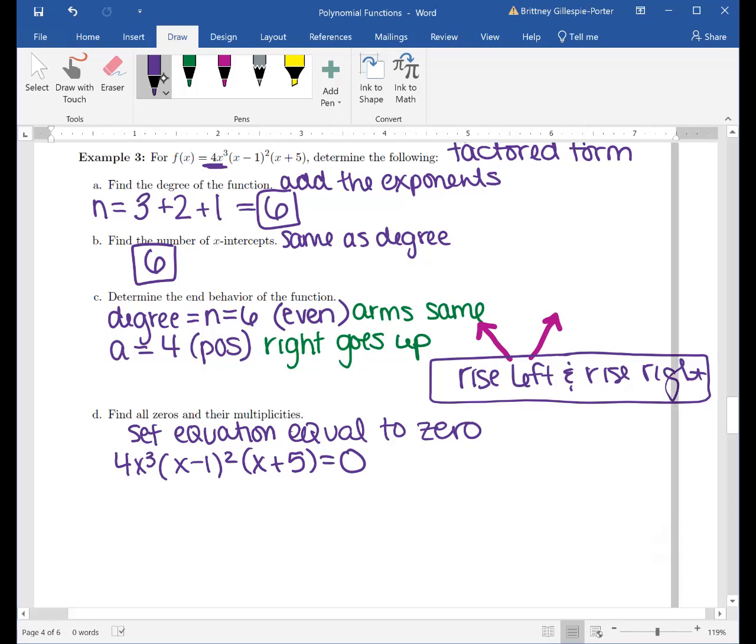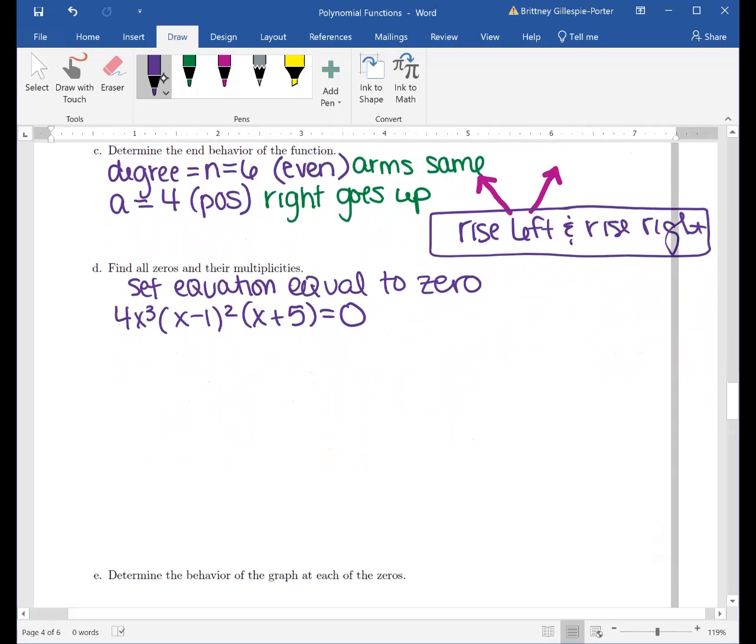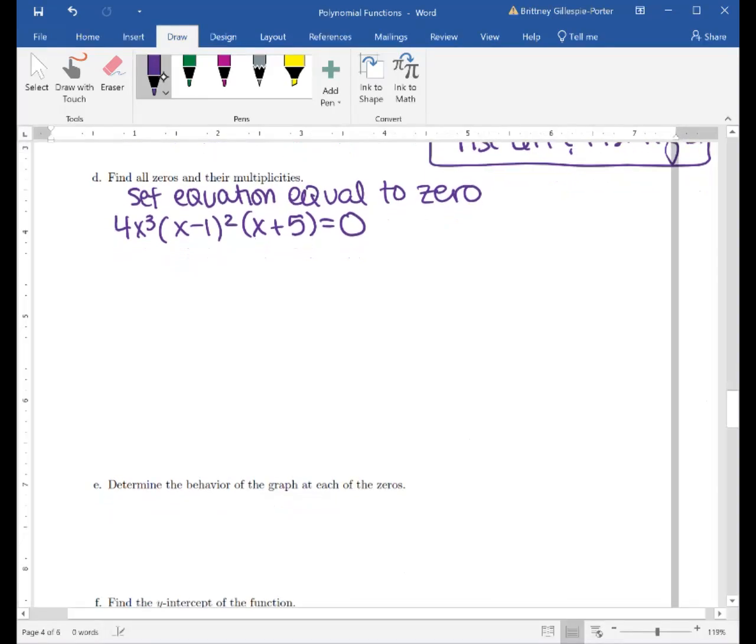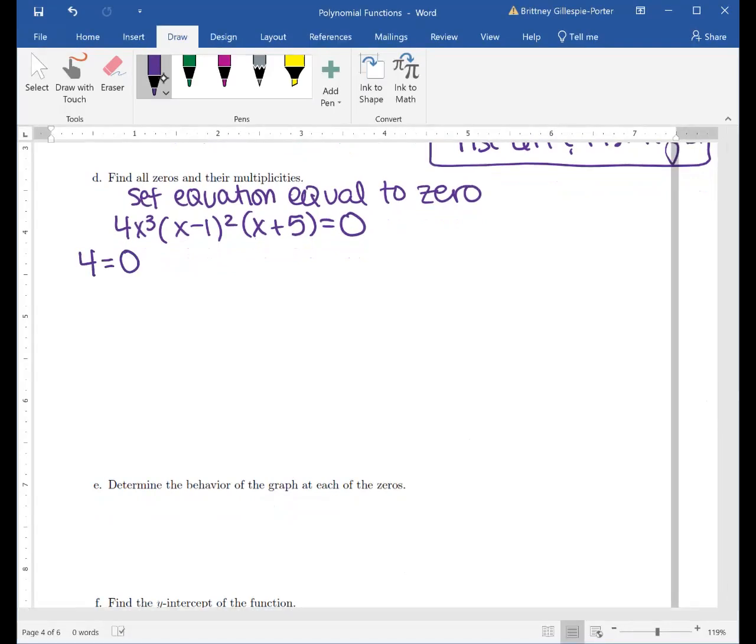Because it is in factored form, we can use the zero factor property, which means that we can set each of these equal to 0. We would have 4 equal to 0, because it's a factor, x cubed equal to 0, x minus 1 squared equal to 0, and x plus 5 equal to 0.